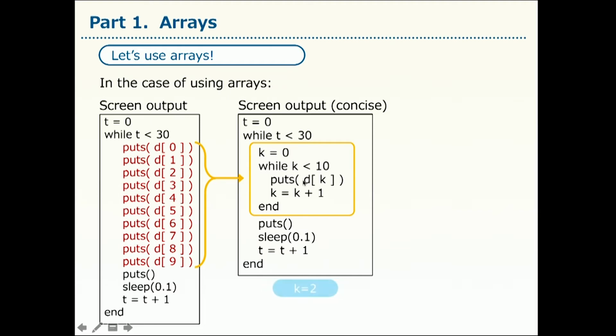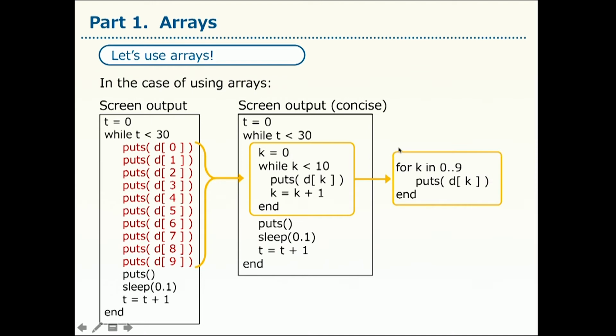And k is increased again by 1, becoming 2, and so on. This part is repeated 10 times until k becomes 10. In this way, this yellow part gives the same outputs as the 10 puts commands written in red in this program.